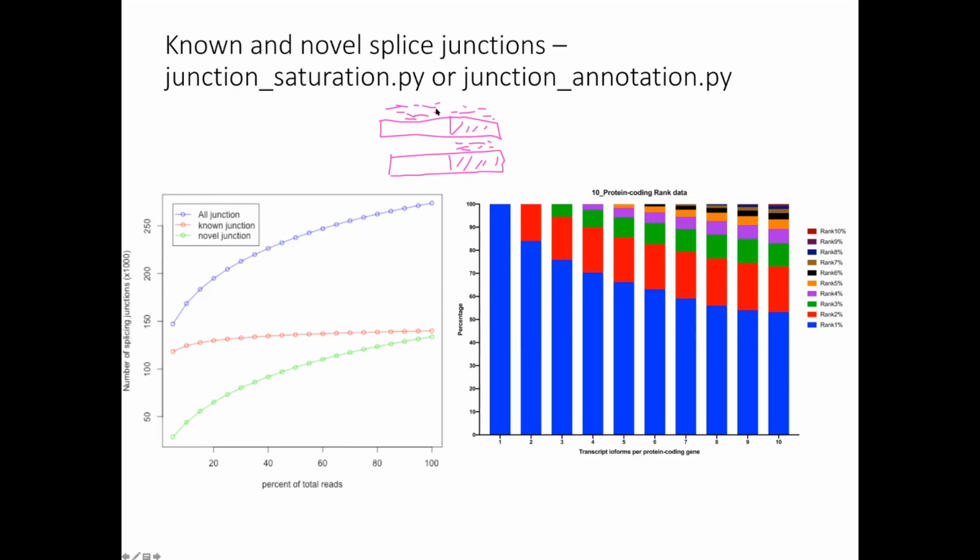But since this other part of the gene is highly transcribed and this one is not transcribed, the programs will assign these reads to this gene up here. Okay, thank you. So that's how they are doing it.